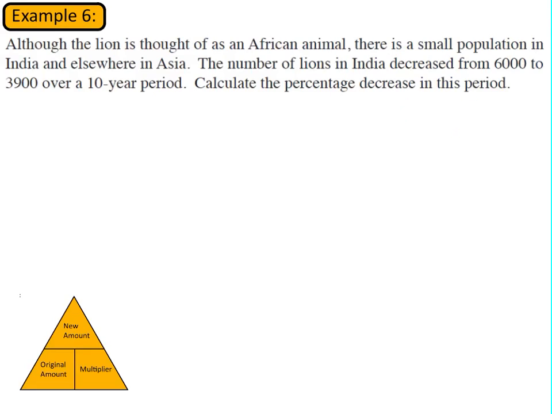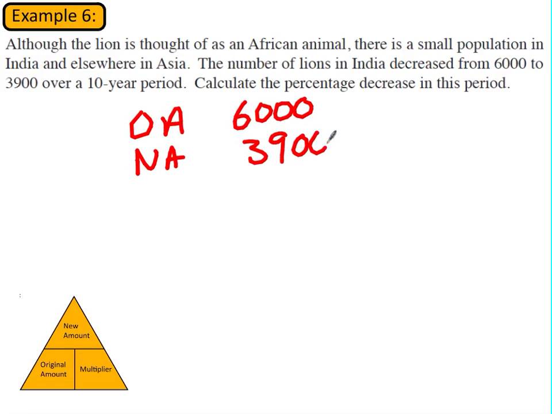Right, although the lion is thought of as an African animal, there is a small population in India, and elsewhere in Asia. The number of lions in India decreased from 6,000 to 3,900 over a 10-year period. Calculate the percentage decrease. So, original amount is 6,000. The new amount is 3,900.